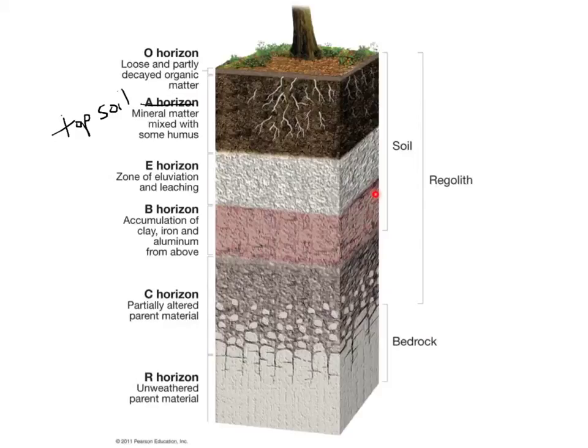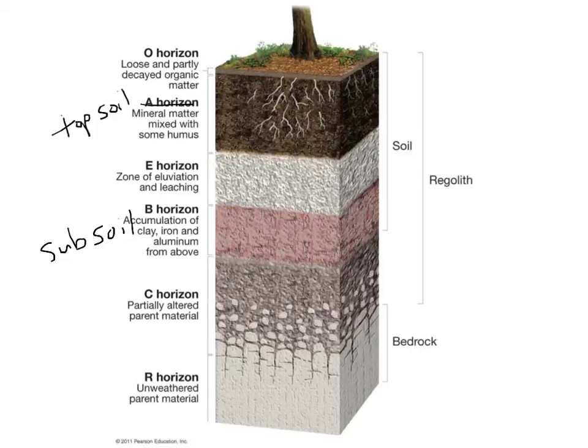So under the E horizon, or if there's no E horizon, under the A horizon, we'll find that B horizon, and we'll get an accumulation of things like clay, iron, and aluminum from whatever has leached down from above. The B horizon is also called the subsoil, so you may see that.